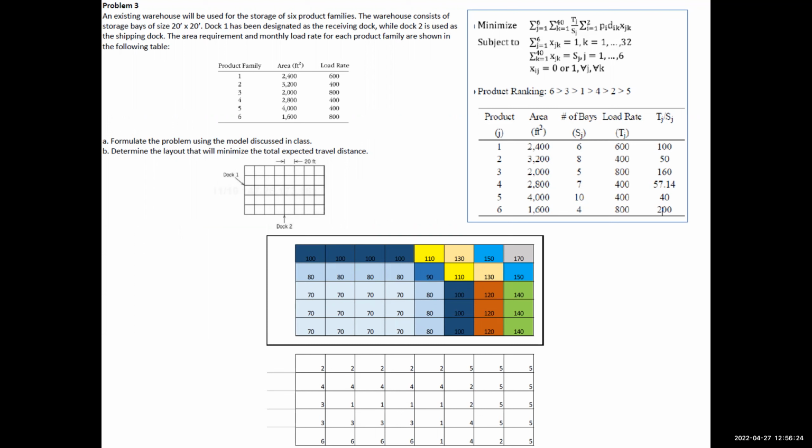To compute this, we have an Fk equation that is equal to the probability of using a door times the distance from the centroid of that cell to the door, plus the probability of using the second door times the distance from the centroid of the cell to the location of the second door.